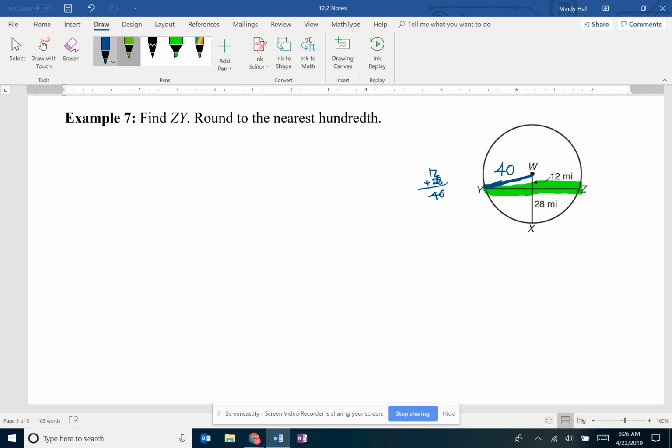Then you're again using Pythagorean theorem. A squared plus B squared equals C squared. One of my legs is 12, but I don't know the other leg because that's our missing piece. My hypotenuse is 40, so it'd be 40 squared. Remember, C should always be the hypotenuse. So that gives you 144 plus B squared, and 40 squared is 1600.